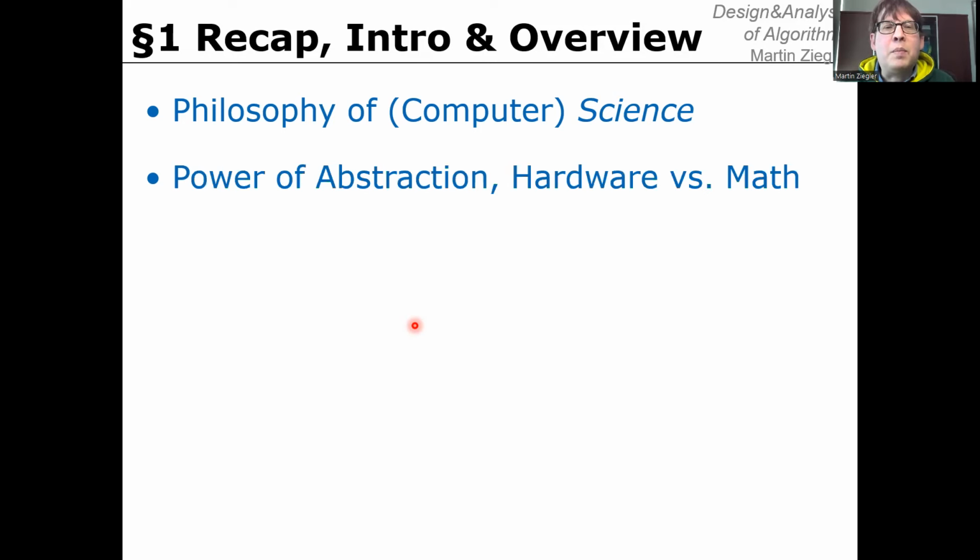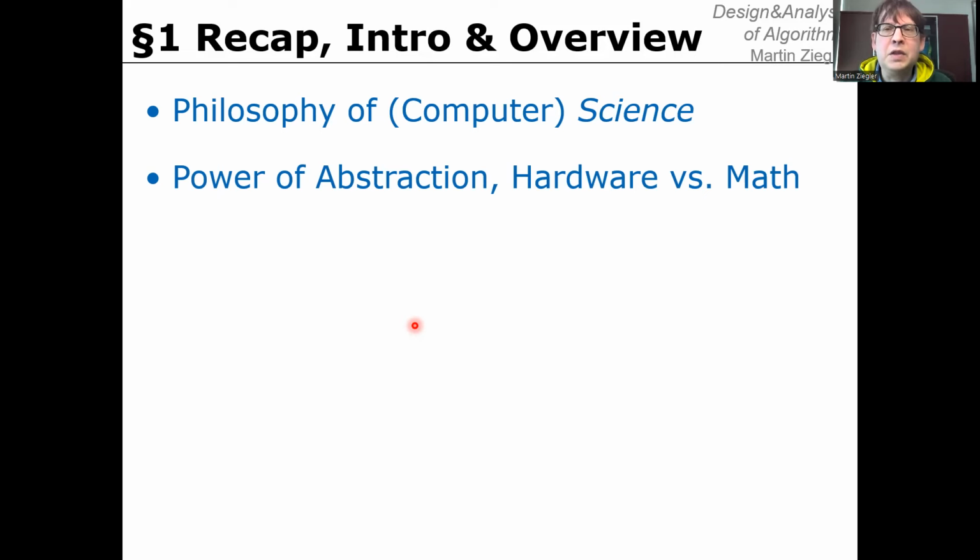And we'll talk about the power of abstraction, which is well known in object-oriented programming, and there it's called information hiding.